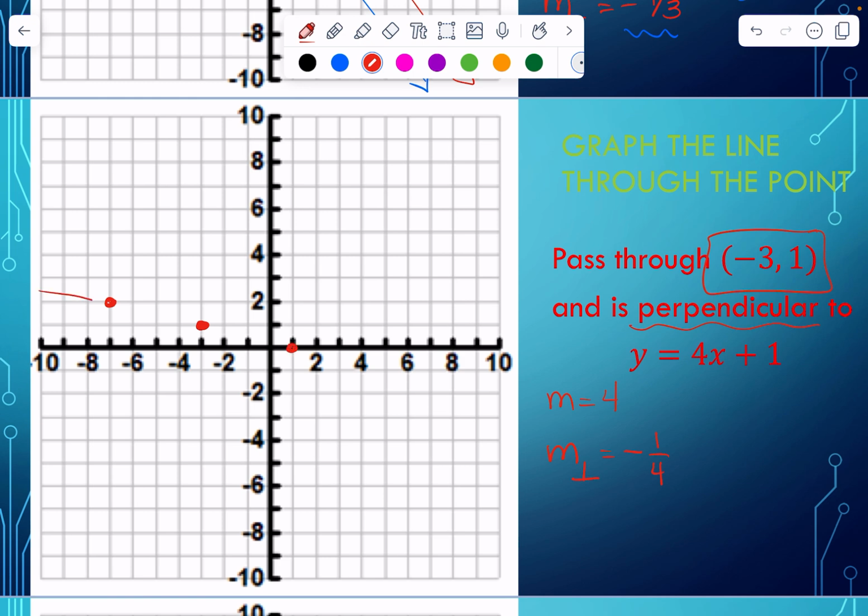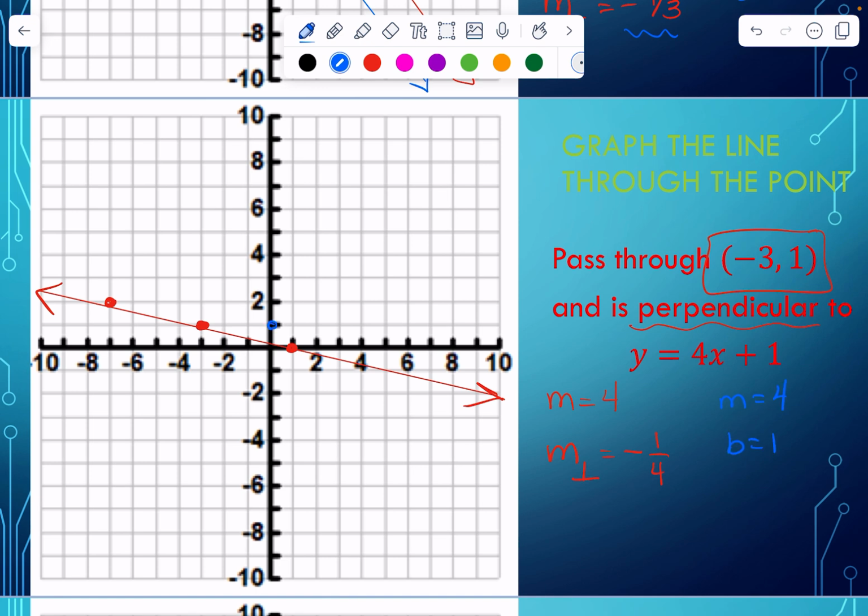I connect those points with my line here, and there is my line. Now, just to show you our perpendicular, remember our perpendicular, the slope is 4, has a y-intercept of 1.